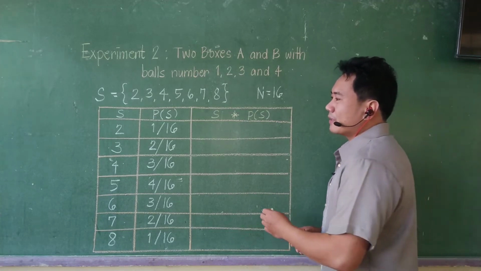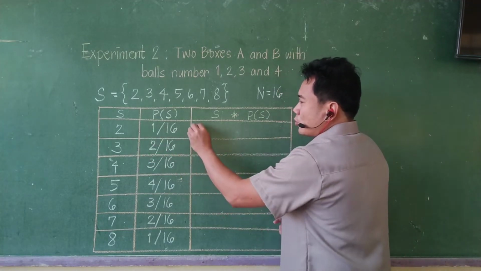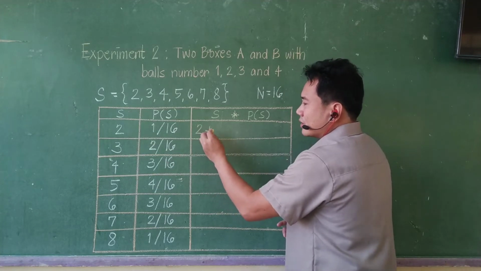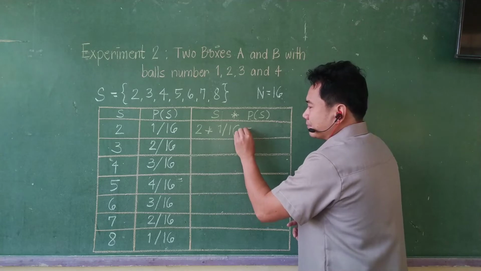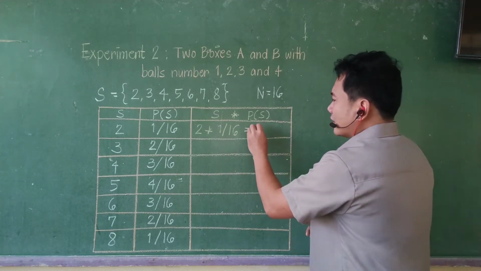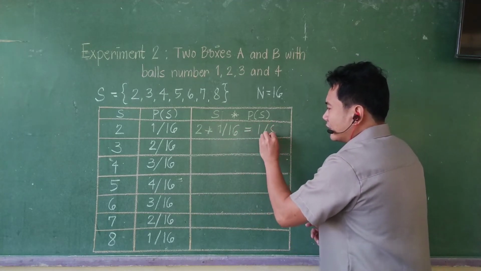Let us begin. The first is 2 times 1 over 16 equals 1 over 8.